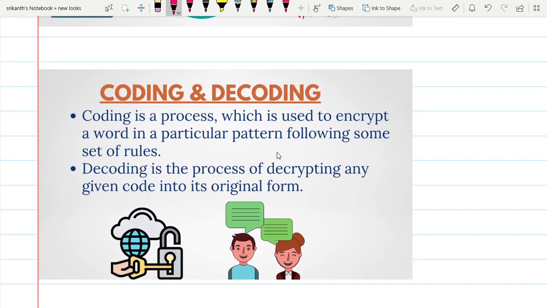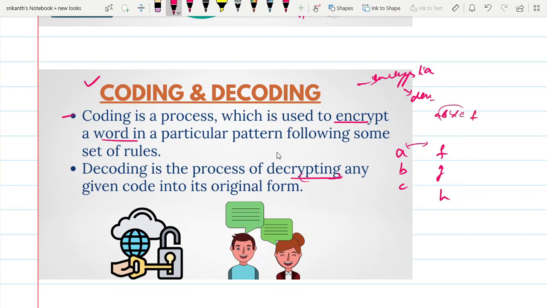Next is coding and decoding. In short, it is like encryption and decryption. Coding is a process to encrypt a word in a particular pattern following some set of rules. Decoding is the process of decrypting. Let's say you are writing A, B, C as F, G, H. So what you are doing, A, B, C, D, E, F, is skipping four letters in between.